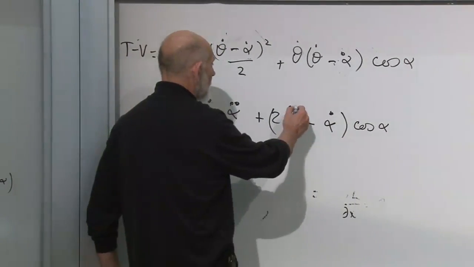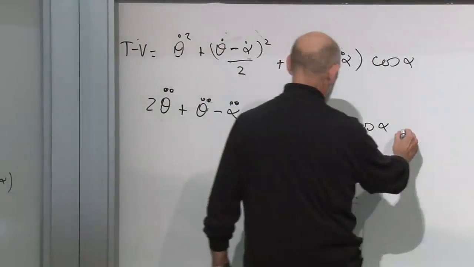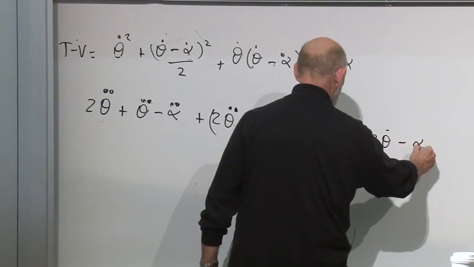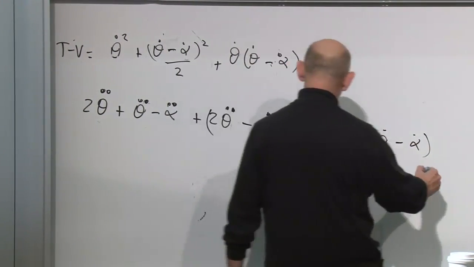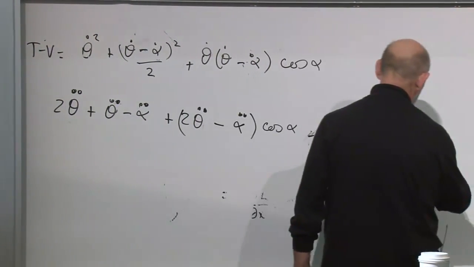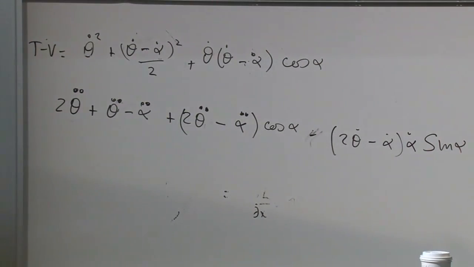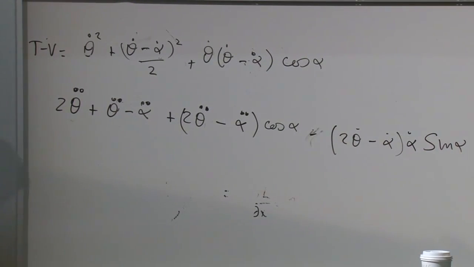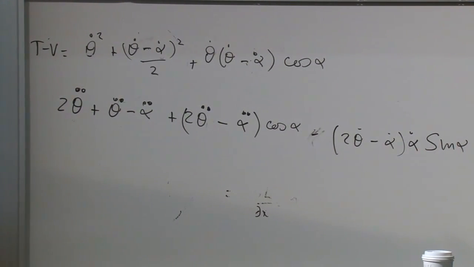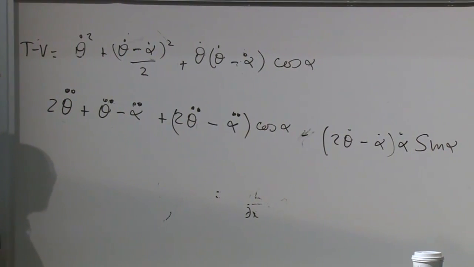So there will be one term which will be theta double dot cosine alpha, the alpha double dot, and then there will be twice theta dot minus alpha dot times another alpha dot with a minus sign times sine of alpha, coming from differentiating the cosine alpha. And that is the thing which is equal to the derivative of the Lagrangian with respect to theta. This is the first term in Euler-Lagrange.